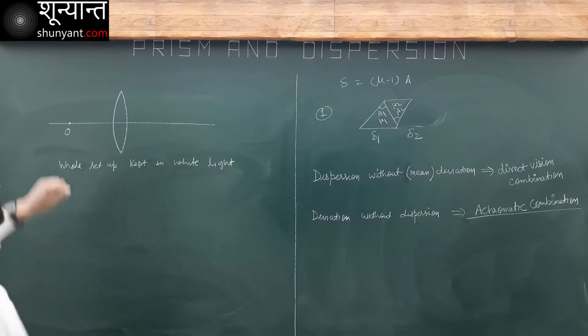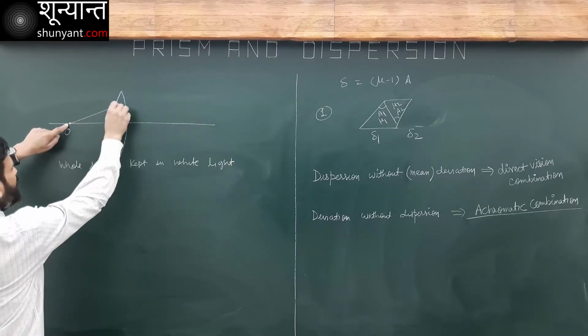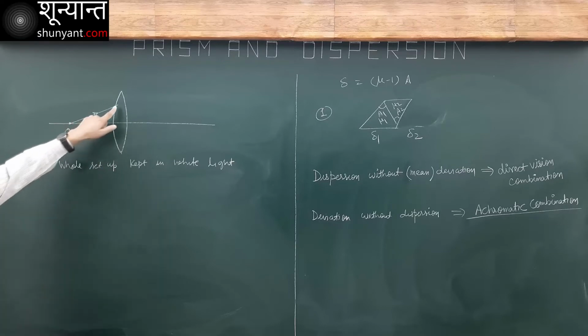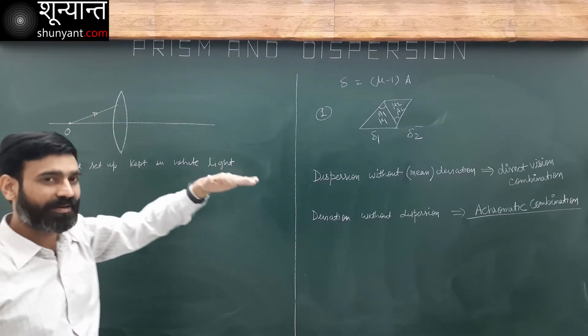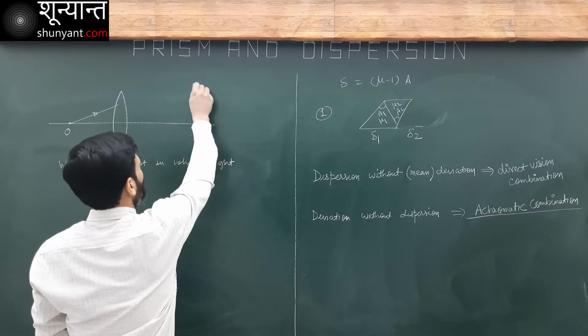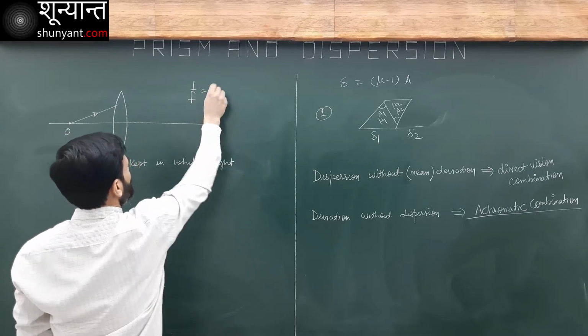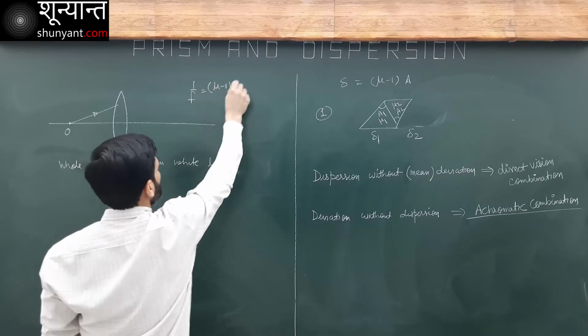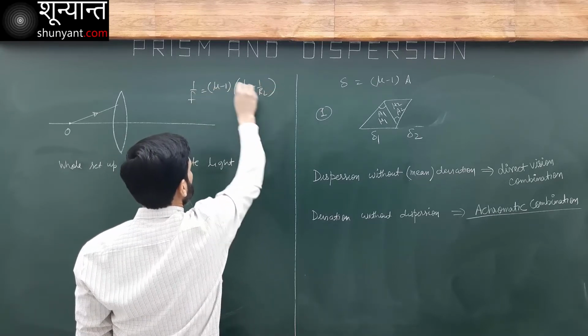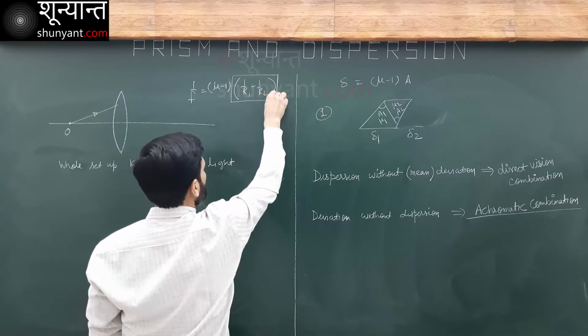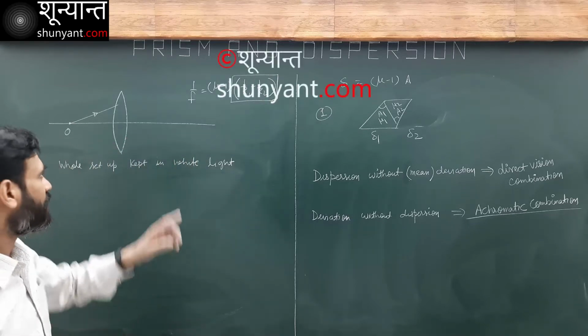From this object, light rays will start. The moment they enter, different light will bend differently. 1 over focal length is equal to mu minus 1 times (1 over R1 minus 1 over R2). Now, this whole thing is constant. This is a geometrical constant for a given lens.